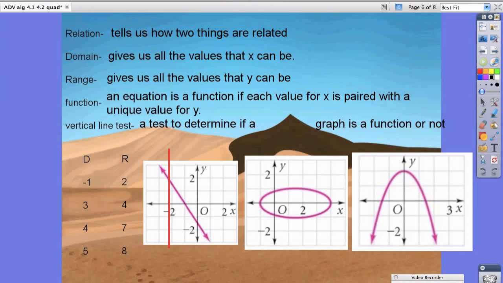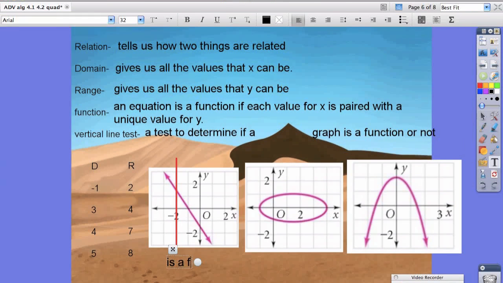As I move this line, it touches at a different spot, but because it's still only touching the graph at one point at any instant throughout the whole thing, we can call this a function. So this one is a function.